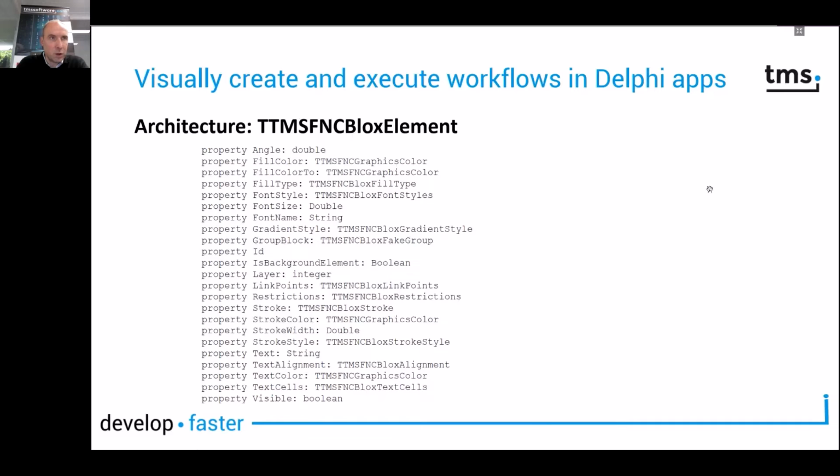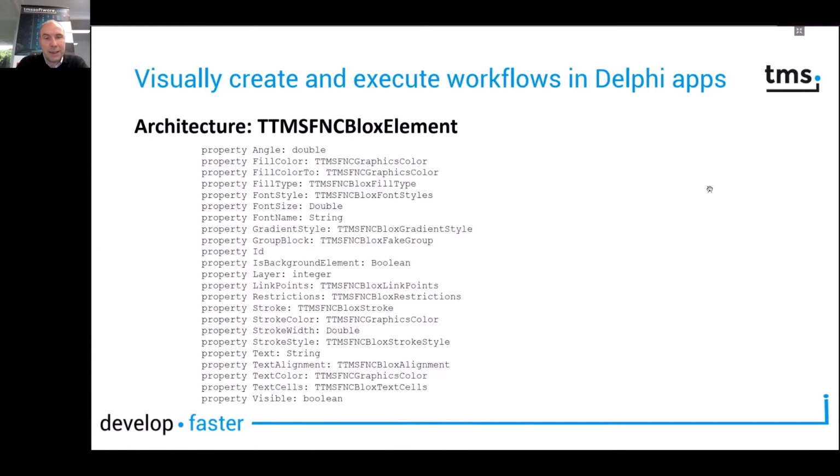There is also the possibility to have restrictions. That means, can the block be sized, rotated, etc. These kinds of restrictions can be applied to a block. For the border of a block, we have several properties to control the appearance: the stroke, stroke color, stroke width, and the stroke style. There's also the optional possibility to have text in a block.